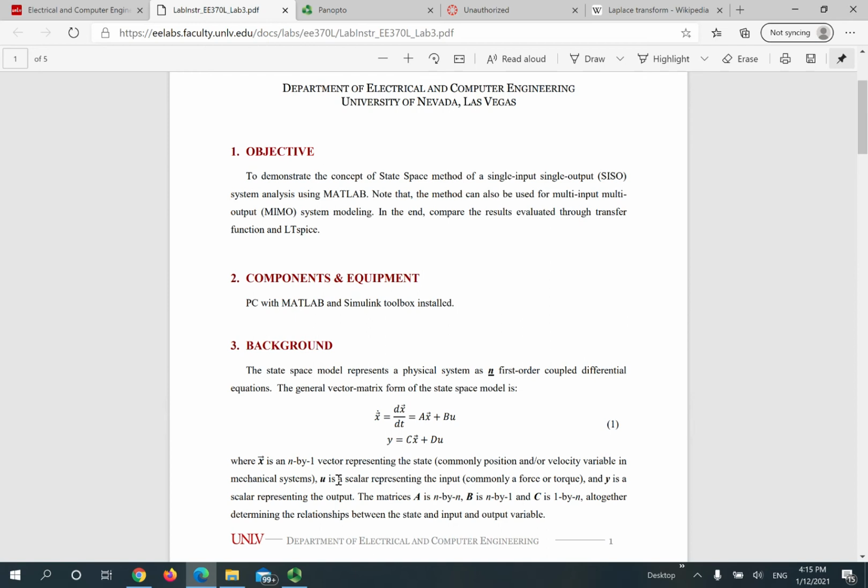Y is a scalar representing the output. The matrix A is n by n, B is n by 1, and C is 1 by n. So this is linear algebra calculation with first order coupled differential equations.